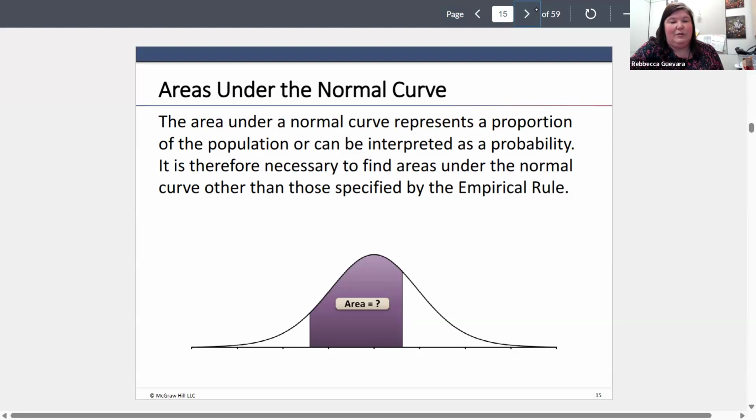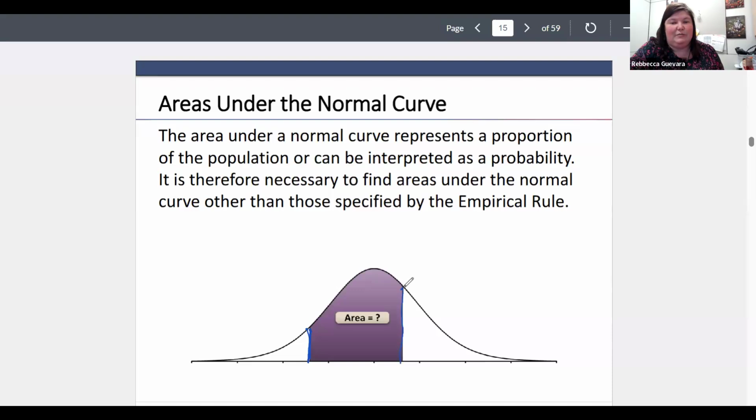As of right now, the only areas we know how to find under our normal curve are areas that fit with the empirical rule. If I wanted to figure out this area, where this is my A and this is my B, I have no idea how to do that right now with the information that I currently have.